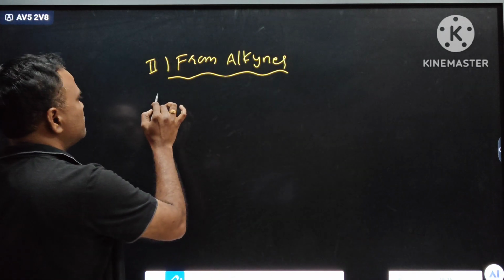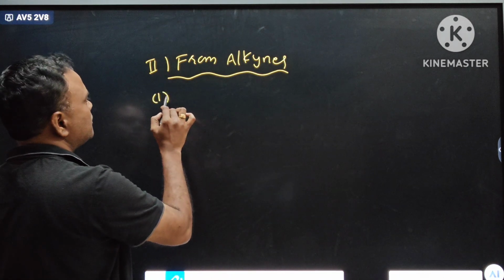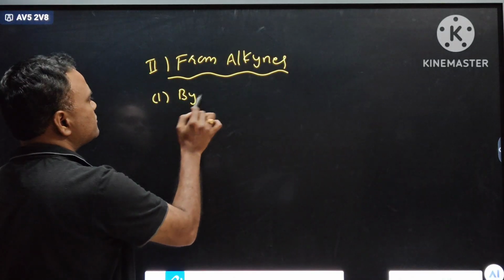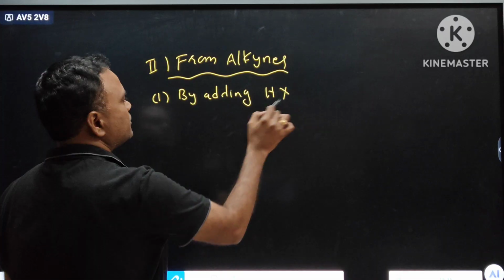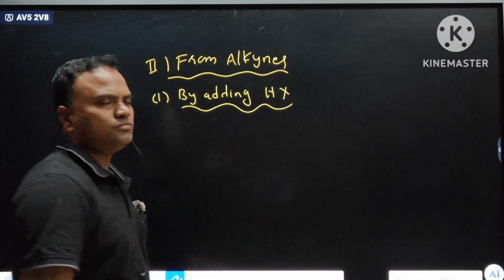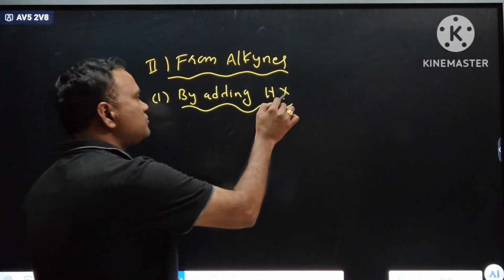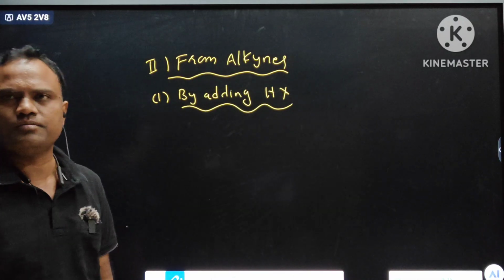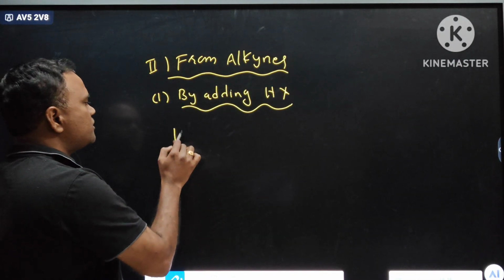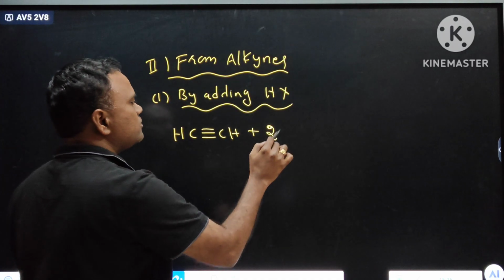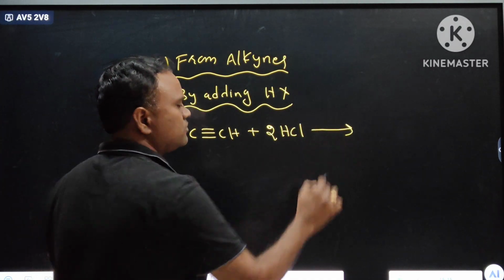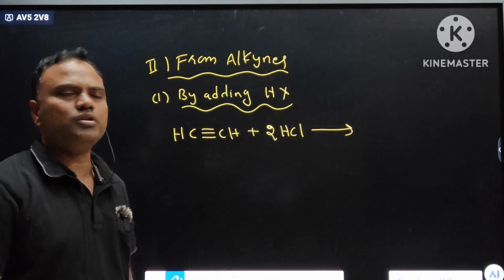First preparation method, by adding HX, where X is equal to halogen: fluorine, chlorine, bromine. See the first example, I am taking acetylene, and I am adding 2 molecules of hydrogen chloride, 2 molecules of HCl.